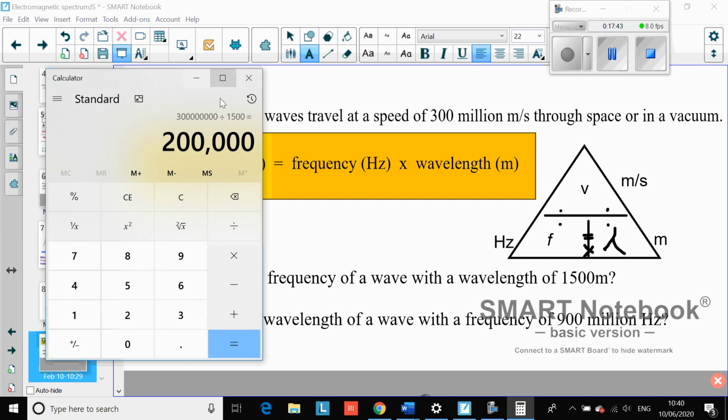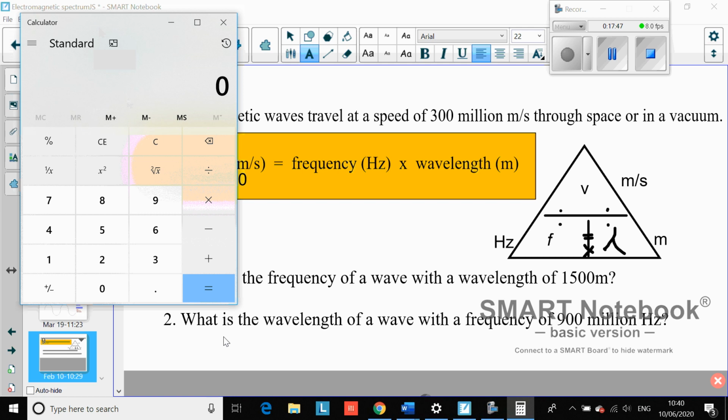Another example is the one underneath. What is the wavelength of a wave with a frequency of 900 million hertz? We're trying to work out the wavelength, so we do the wave speed once again. 300 million, you have to put in the full number, divided by the frequency, 900 million hertz.